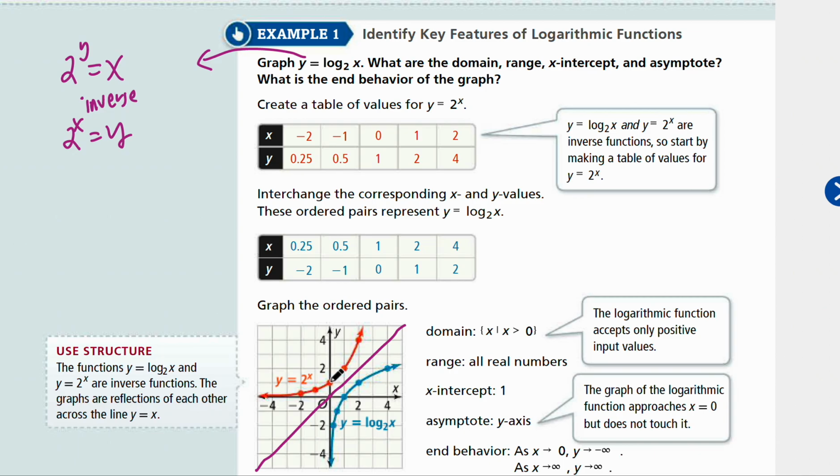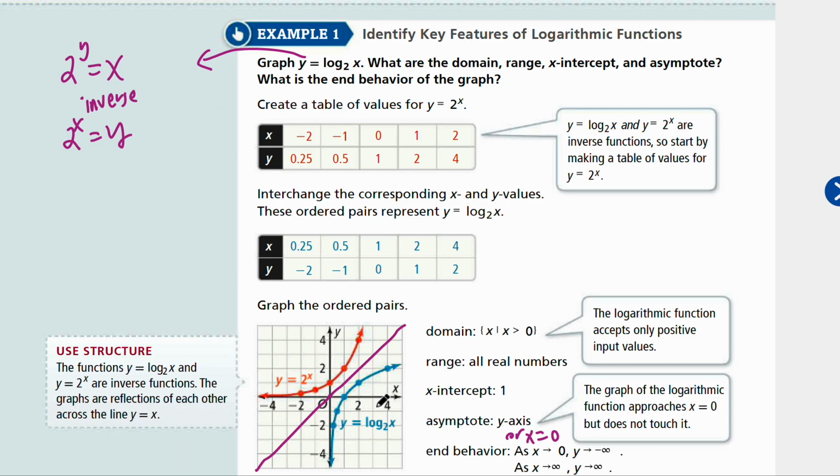So the x-intercept will not be there for the exponential function, but you have the x-intercept for the log function, but you don't have a y-intercept for the log function either, because there's a vertical asymptote instead of the horizontal asymptote for log. So the asymptote is x equals 0 or the y-axis.